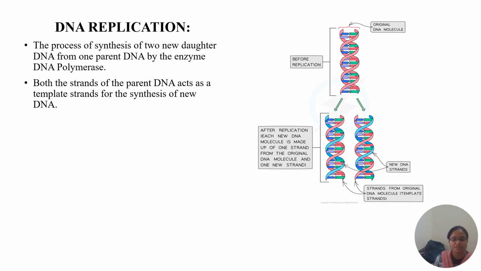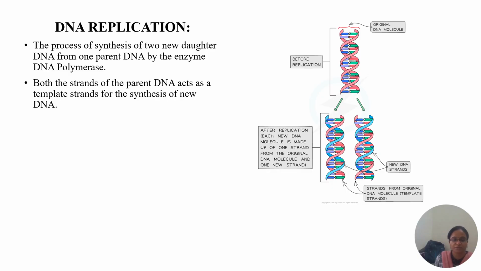Now DNA polymerase is one important enzyme of the DNA replication process that polymerizes the nucleotides together to synthesize a strand of the nucleic acid that is DNA. And this enzyme uses both the strands of the parent DNA as the template strands for synthesizing the new DNA.